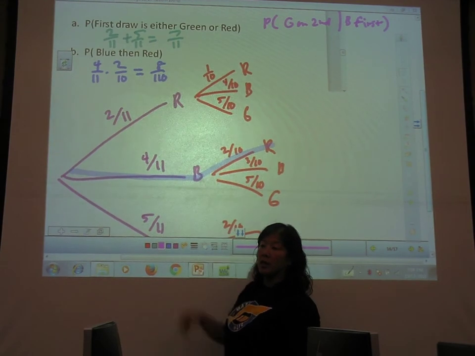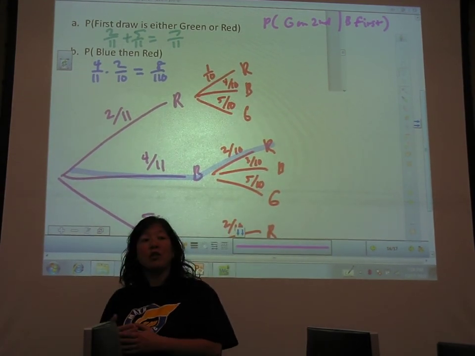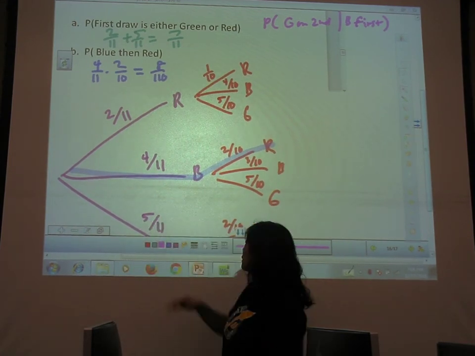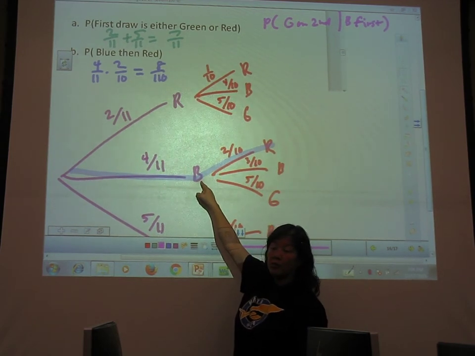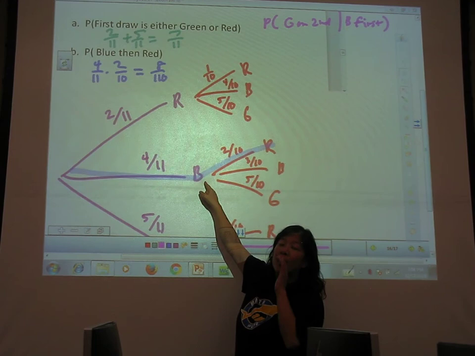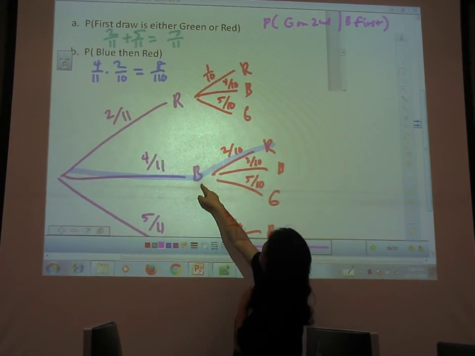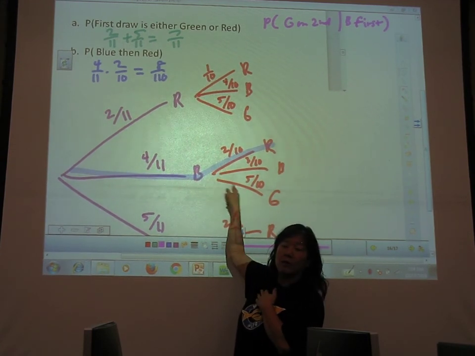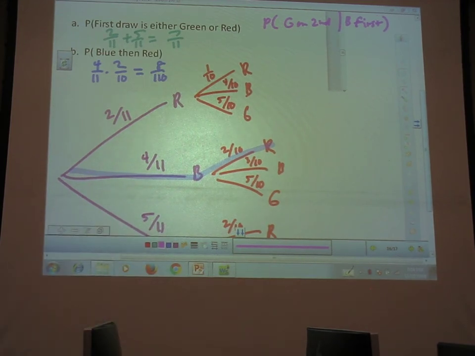Like if I say I drew a card, given it's a heart, that means you know it's a heart. I'm telling you, by the way, I drew a blue one first. Now that you know that, what's the probability I draw a green one second? 5 out of 10. It's just 5 out of 10. So you don't have to factor.